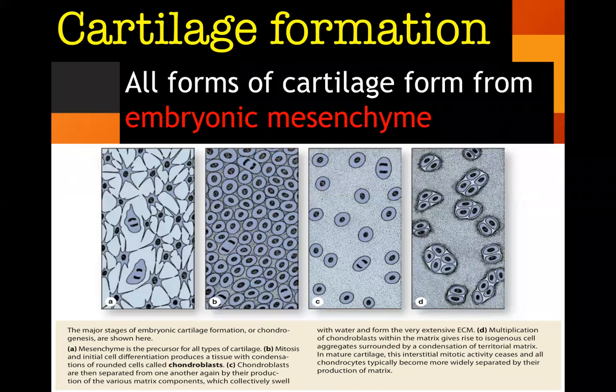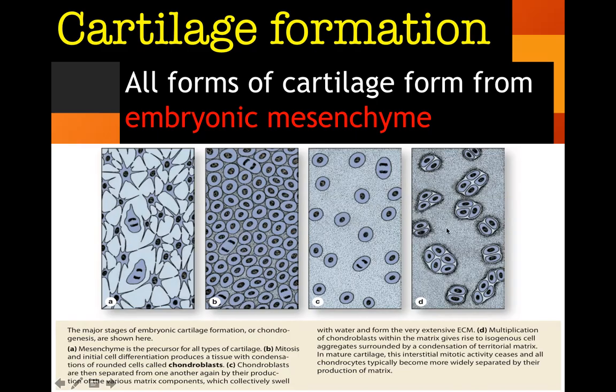Also, just like the bones, your cartilage formation comes from the embryonic mesenchyme. These are your mesenchymal cells, the precursor of all types of cartilage. During mitosis and differentiation, they will become your chondroblasts. They are separated from one another, and then they will become your chondrocytes here.